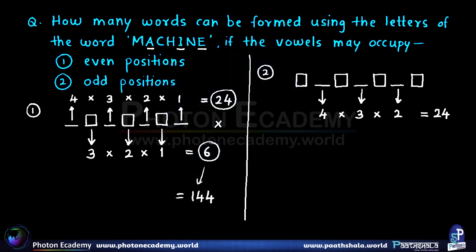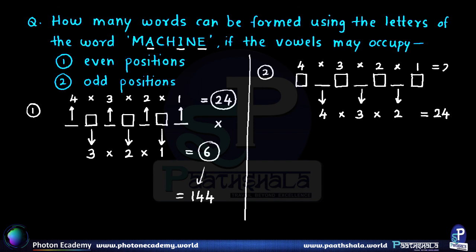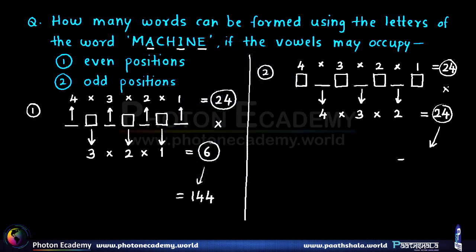So we can think of them as just 4 letters to occupy the 4 positions. That can be done in 4, 3, 2 and 1 ways respectively, as we have seen in the previous examples. So that turns out to be once again 24, and hence finally we do the product of 24 and 24, which gives us the total number of words that can be formed. So that turns out to be 576.